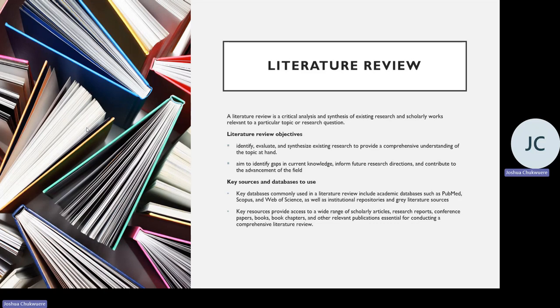When you go through those institutional library repositories, you're able to get more sources. These key sources also provide access to a wider range of scholarly articles, research papers, conference papers, and many others relevant to your area of study.